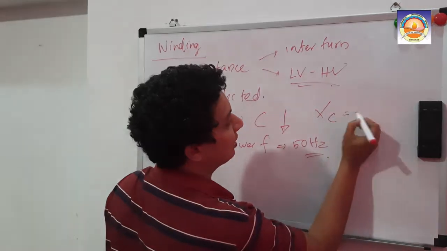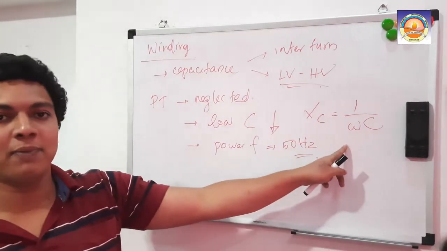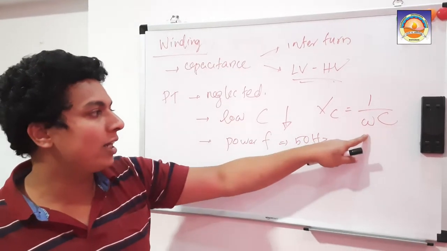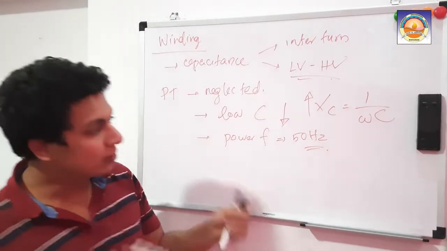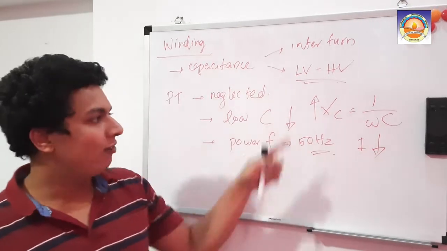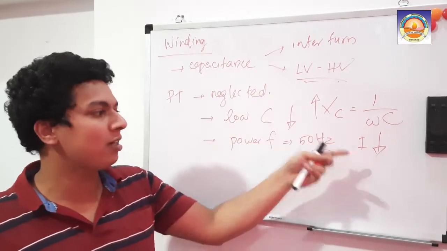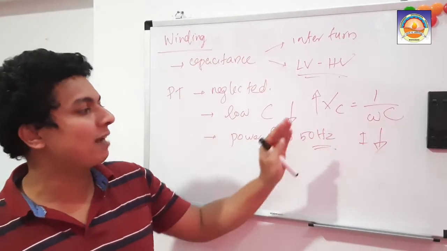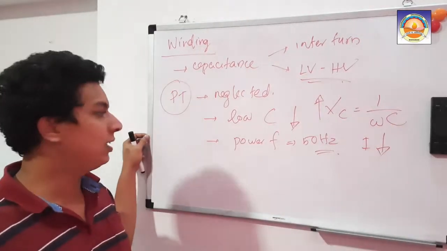Xc is given by 1 by omega C. Since your power frequency is comparatively lesser, your capacitive reactance will be higher, so your current will be lesser. Whenever your reactance is decreasing, then you have more current. So due to these reasons, we are not considering the capacitance as such in our power transformer equivalent circuit.